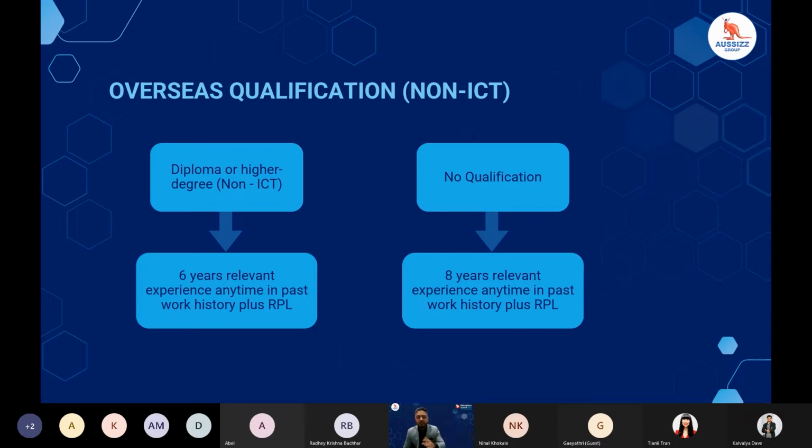If it is not relevant, then it might be assessed saying that it's not closely related to the occupation. So you need to make sure that your duties are in line with the occupation that you're choosing, or the occupation that you choose is in line with the duties that you're mentioning.